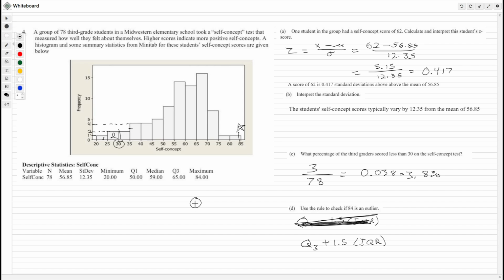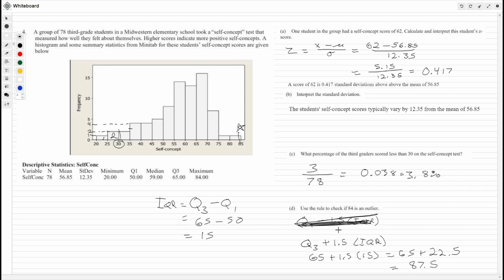Let's figure out the IQR off to the side here. That's equal to Q3 minus Q1. So that's 65 minus 50, or 15. Q3 is 65, so we have 65 plus 1.5 times 15. 1.5 times 15 is 22.5, and we get an upper limit of 87.5.